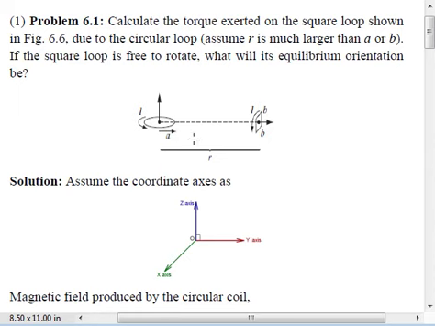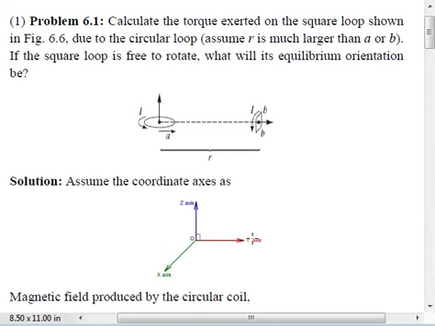Here it is given that R is much larger than A or B. It means that the circular loop and the square loop can both be considered as magnetic dipoles. For convenience we take the coordinate axes as x, y, z.